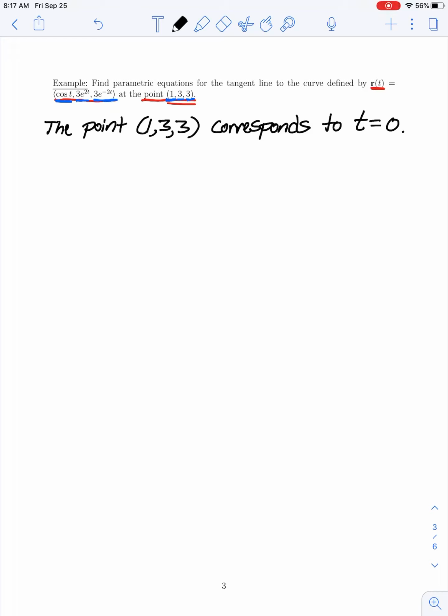The point 1, 3, 3 must be on our tangent line. And I need a direction vector for that line. So a vector parallel to my line, which, if we're interested in the tangent line, would be the tangent vector to this curve. So let's consider finding a tangent vector to the curve, r prime of t.